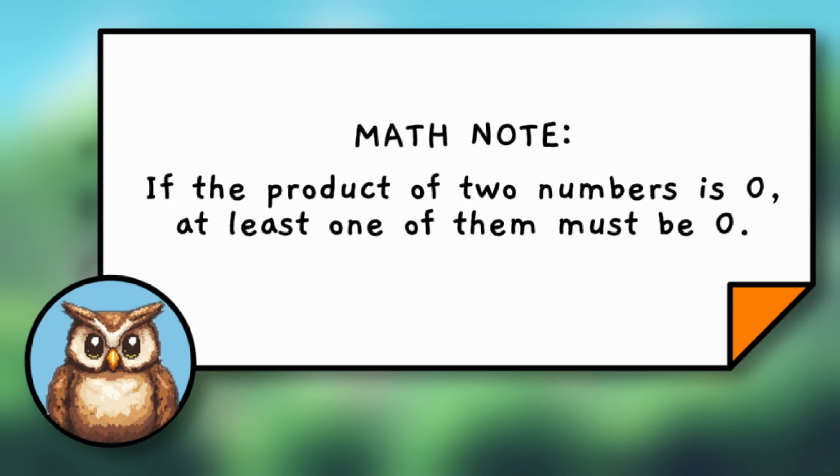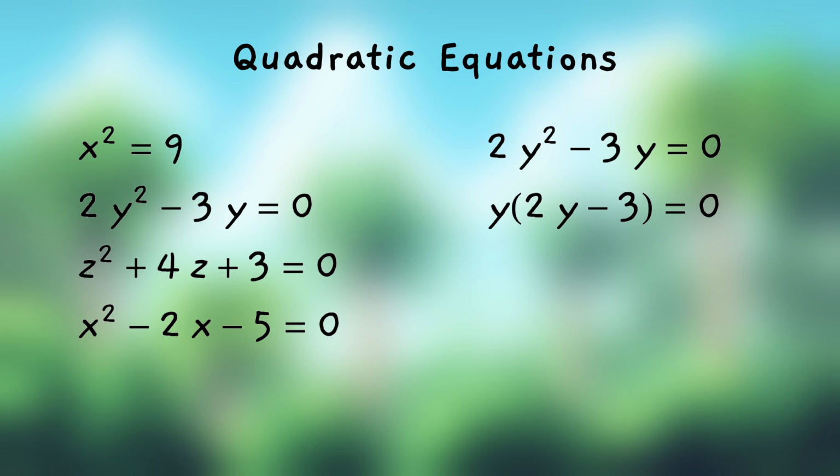And if you have two numbers whose product is 0, that means one of those numbers has to be 0. So here, that means either y is 0 or 2y minus 3 equals 0. That's the reason you factor, is because when you have a product that's 0, you know that one of those has to be 0. Well, y equals 0 is one solution, and if you solve this second one, you get y equals 3/2.